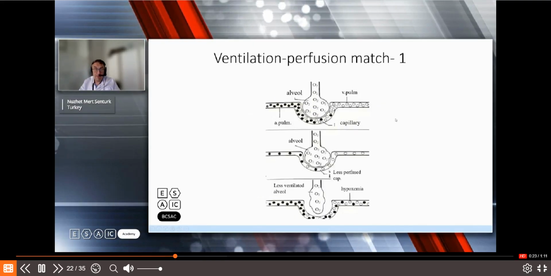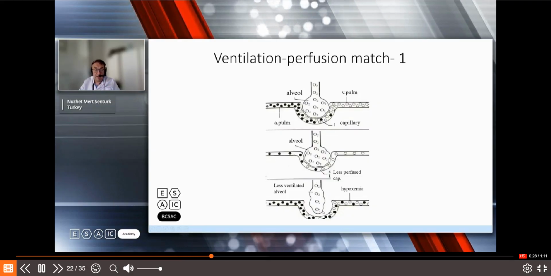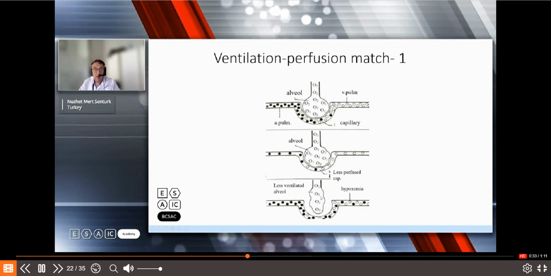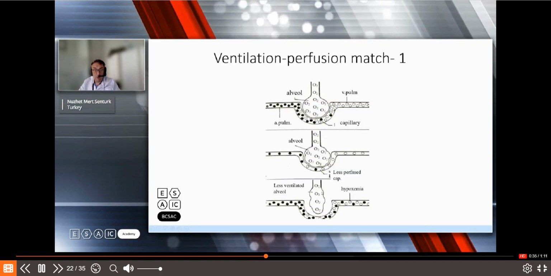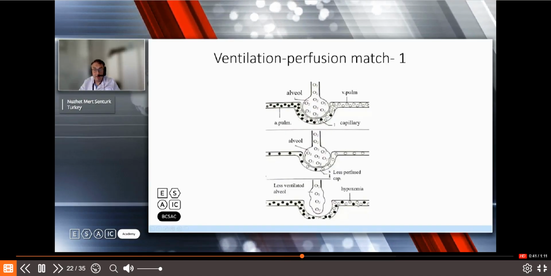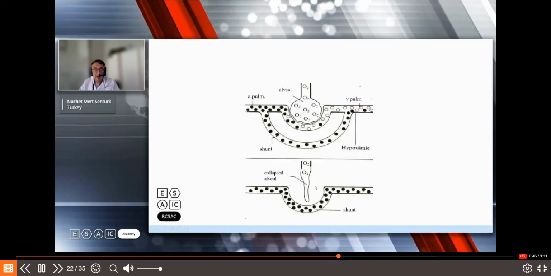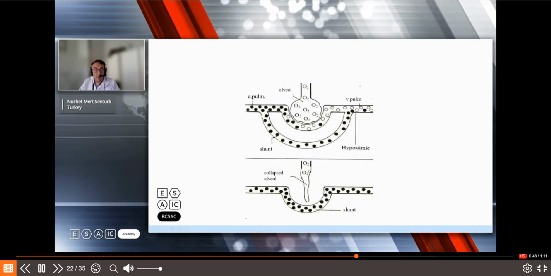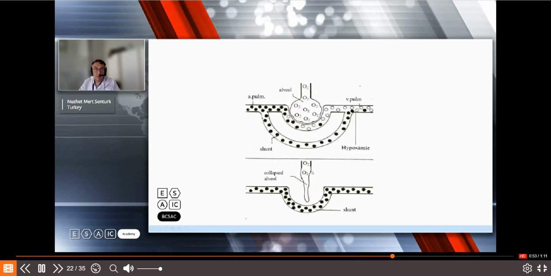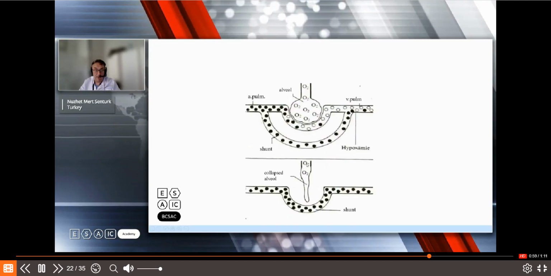So the difference between the 2 pictures: for the ventilation perfusion mismatch, if I can increase the O2 molecules here, let's say if I increase the FiO2 with 8 O2s instead of 4, I can treat the hypoxemia and the oxygenation would get well. But in a case of shunt, it would not matter unless I can open this alveoli. It would not create any change in the oxygenation, however high the FiO2 would be.